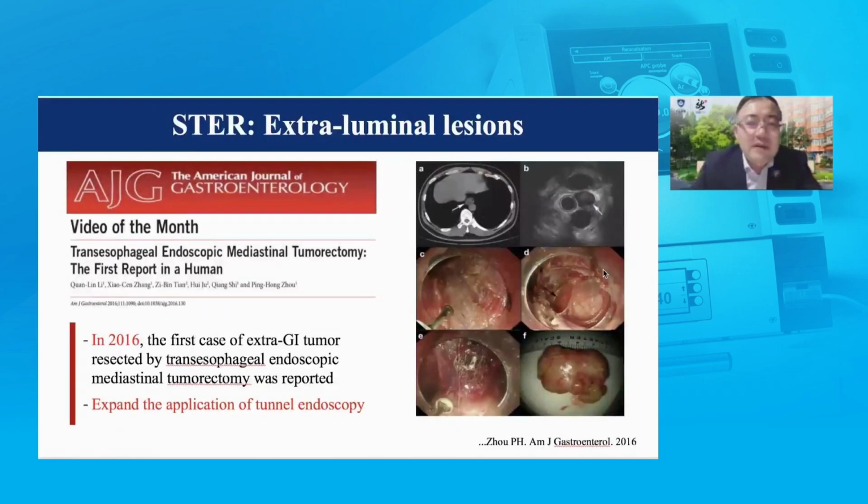Now we even can use the esophageal tunnel to remove the extraluminal lesions. In 2016, the first case of an extraluminal tumor resected by the transesophageal endoscopic mediastinal tumorectomy was reported. It can expand the application of the tunnel technique.